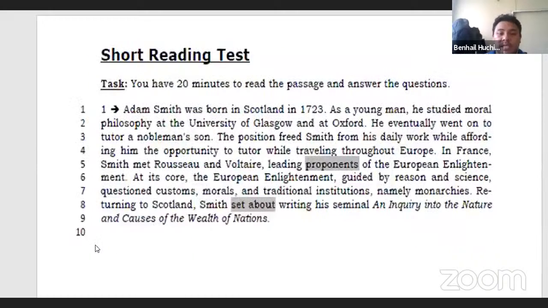But sometimes they say it's not a good idea to start reading everything completely, because it takes too long, and you will spend much time reading and at the time of answering, you won't have enough.